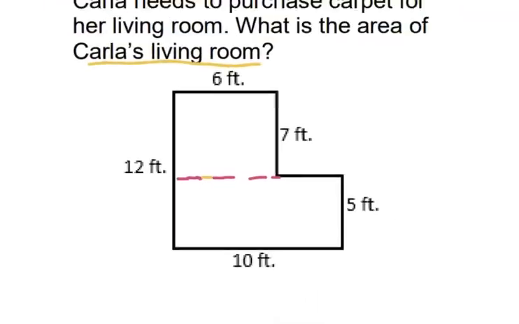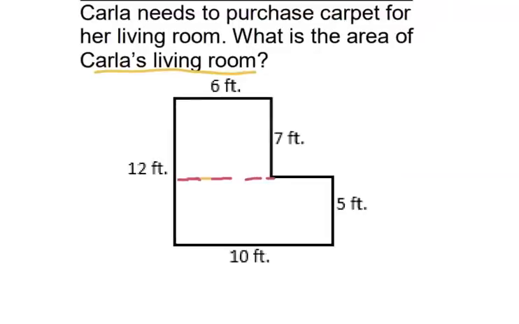Those shapes are this upper rectangle, which is 6 by 7. 6 times 7 is 42. And then we have this bottom one, which is 10 times 5, which would be 50. So then we add 50 plus 42 is 92. So it's going to be 92 feet squared.